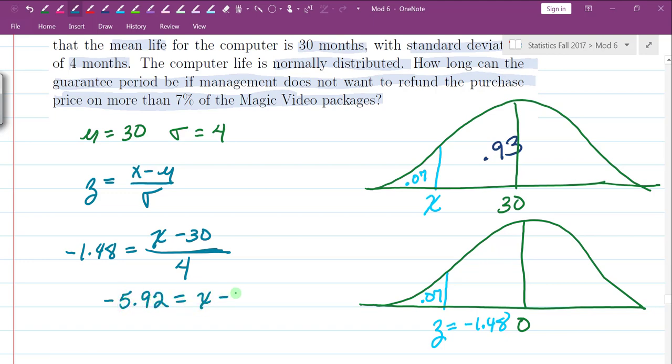We add 30 to both sides, and we get 24.08 is equal to x.